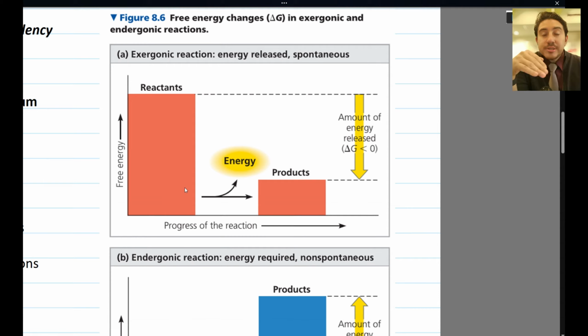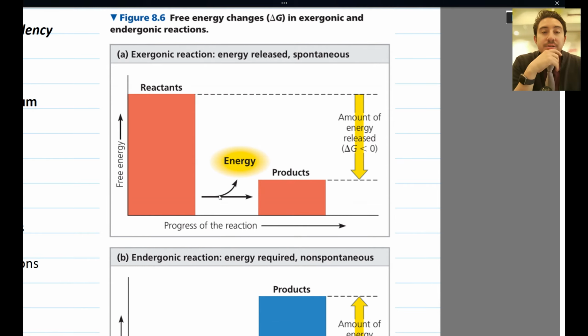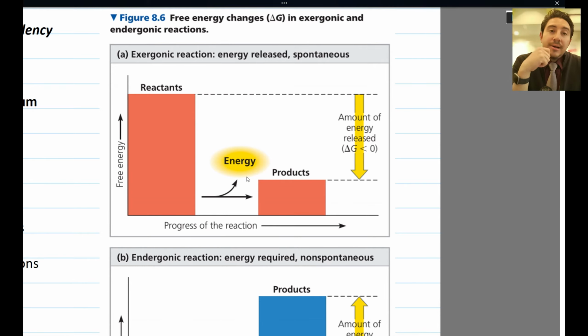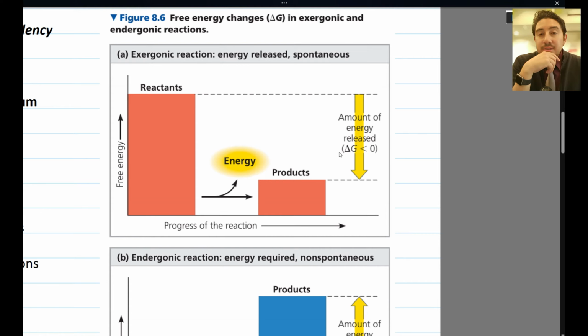As the reaction progresses and energy is released, the products, carbon dioxide and water, are very low energy, very stable products. Some of that released energy is used to undergo many other chemical reactions, like ATP production, though a lot of it is lost as heat. So the amount of free energy goes down for exergonic reactions.